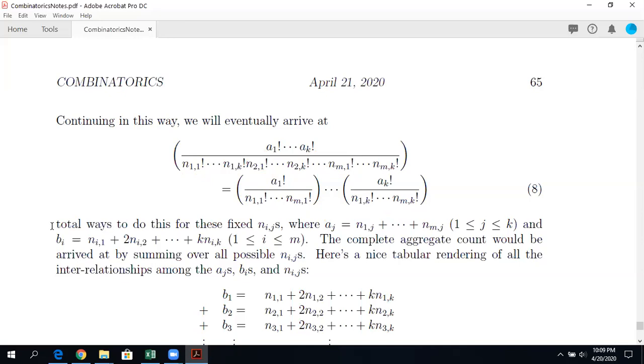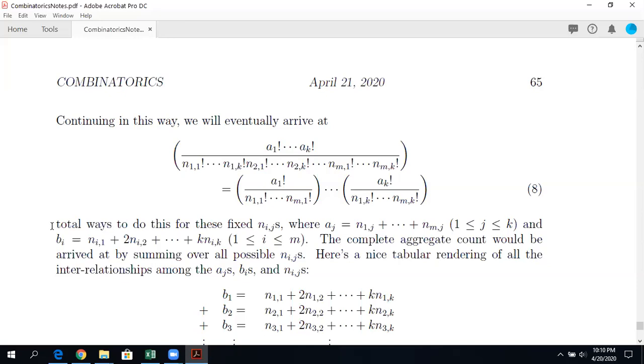Well, if I'm on a fixed I, so I'm talking about color I, we already said that the number that I select from the 1 cycles, plus 2 times the number I select from the 2 cycles, plus all the way up to K times the number I select from the K cycles, that has to be the total number of vertices I wanted to be of color I, okay? Right, so BI is the number I wanted of color I.